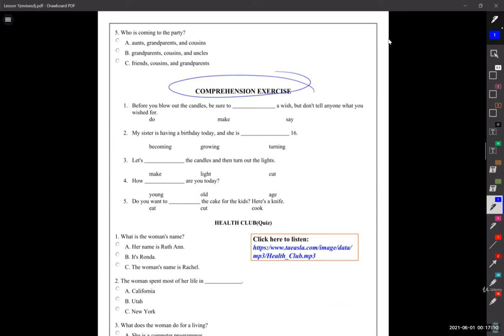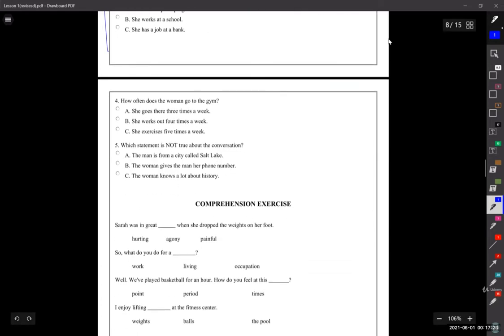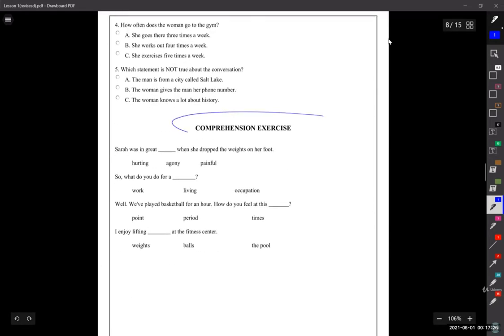These are 5 questions which should take about 2 minutes. And then we have the second listening, which goes the same. The listening should only be played once for the students. And then once again, we have a comprehension exercise to revise.